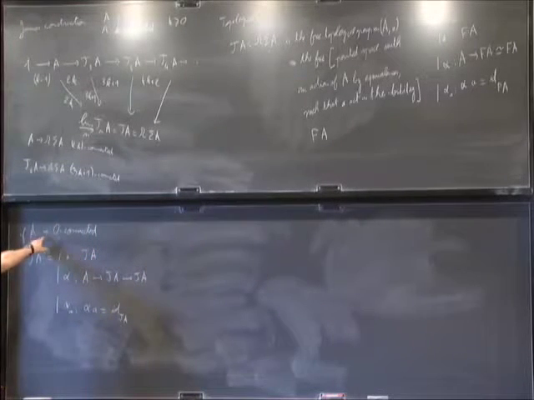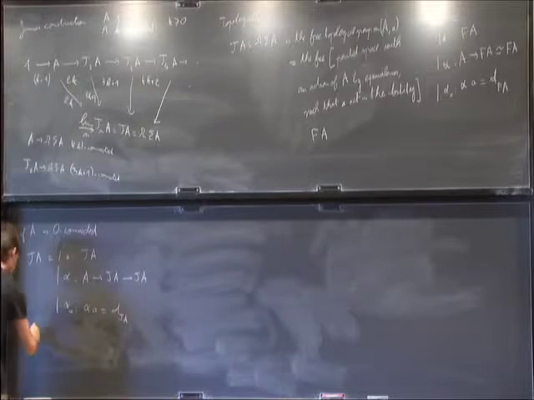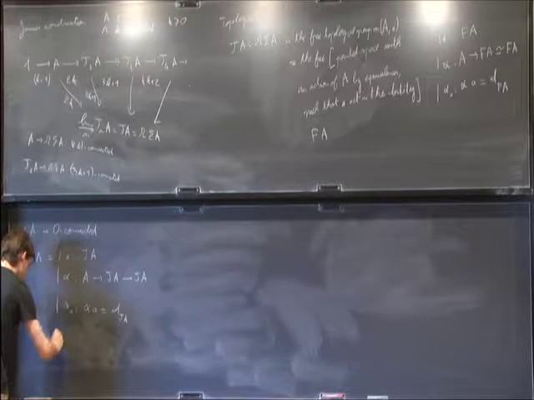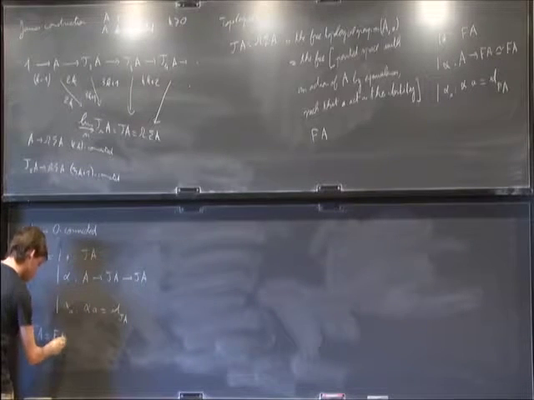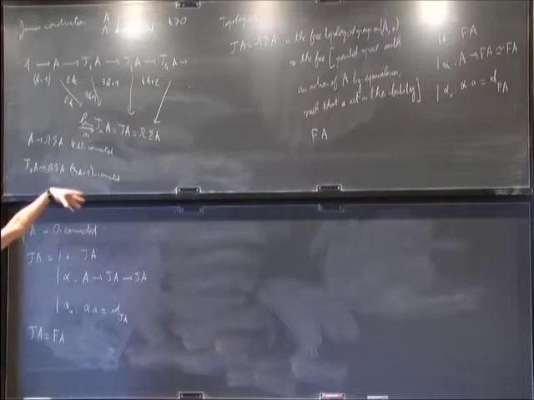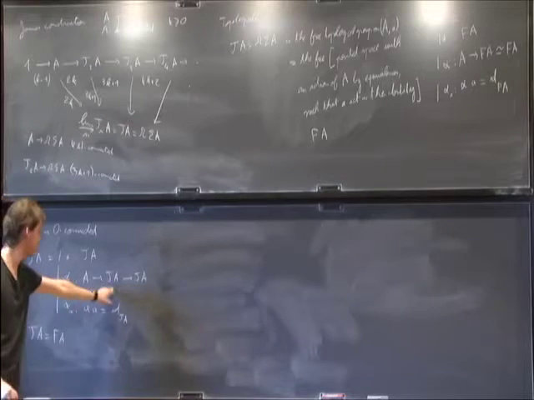So if A is zero connected, you can define that, and you get J of A equals F of A. You don't need equivalences, you just need maps.